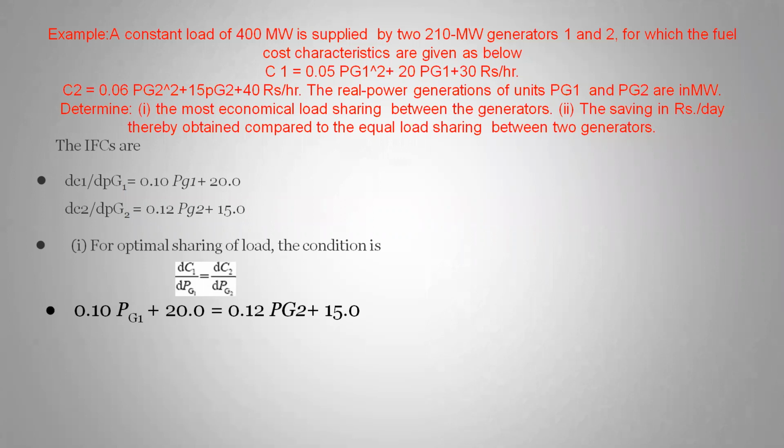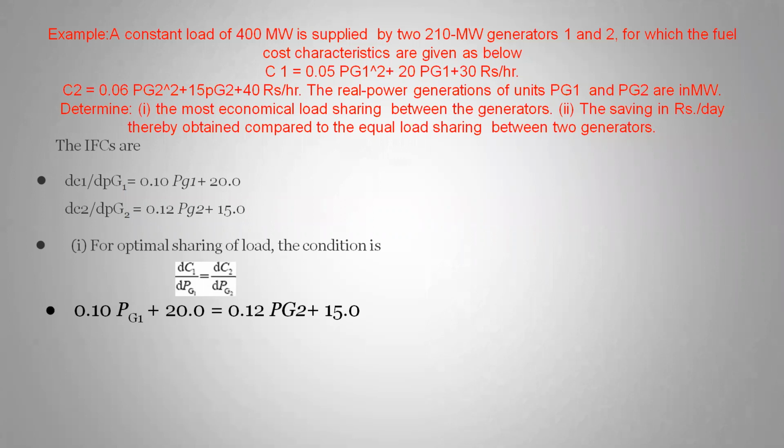The real power generations of units Pg1 and Pg2 are in megawatt. Determine the most economical load sharing between the generators. So you are calculating most economical load sharing between the generators.